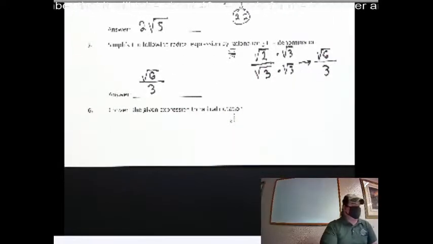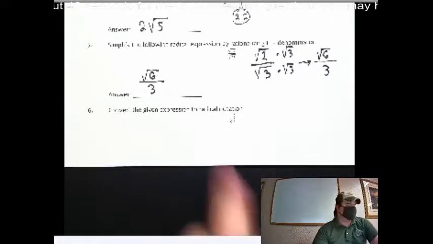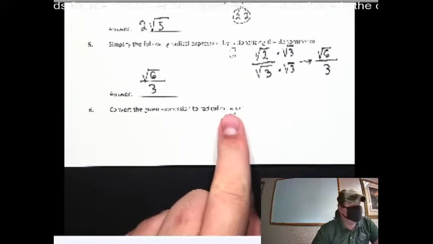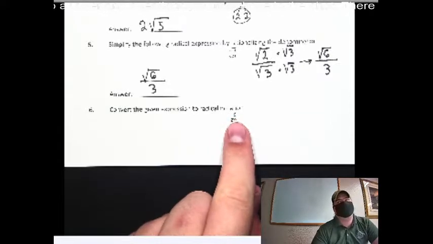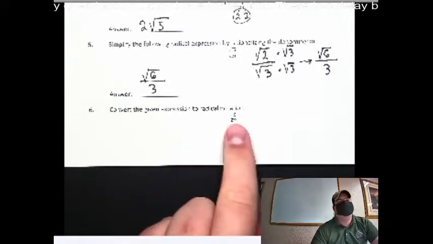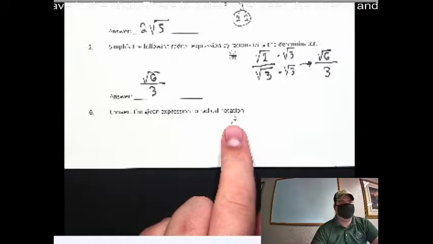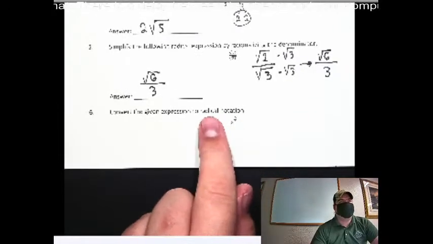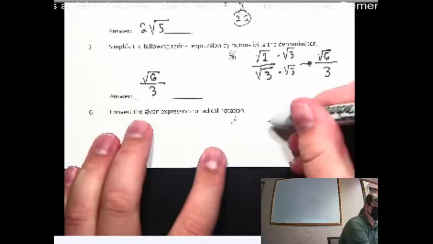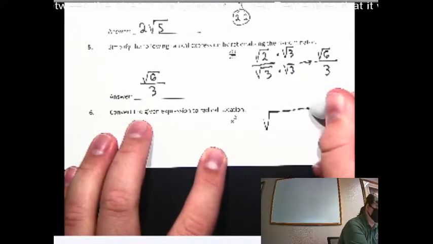Next, convert the given expression to radical notation. So what it gives us is z to the 5/4 power. This is right now in exponential notation. So we want this to be radical notation, which means as a root.